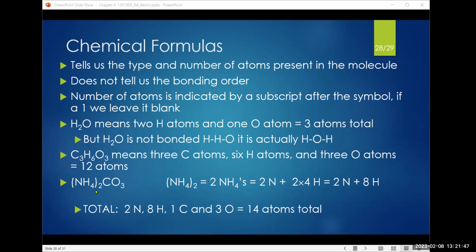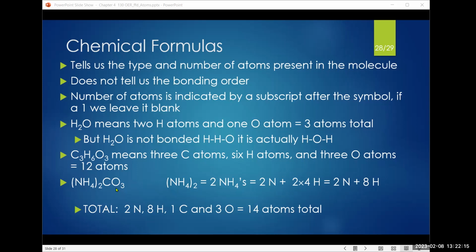If you look in the parentheses, there's a subscript 2, meaning there are 2 ammonium ions, which tells you there are 2 nitrogens and a total of 8 hydrogens. There's 1 carbon and 3 oxygens. So that has a total of 14 atoms for this ammonium carbonate formula.